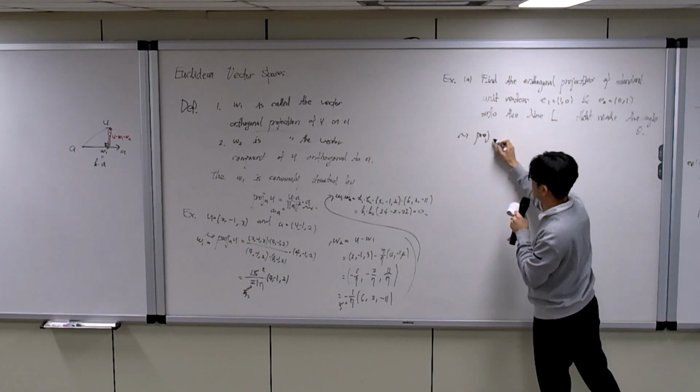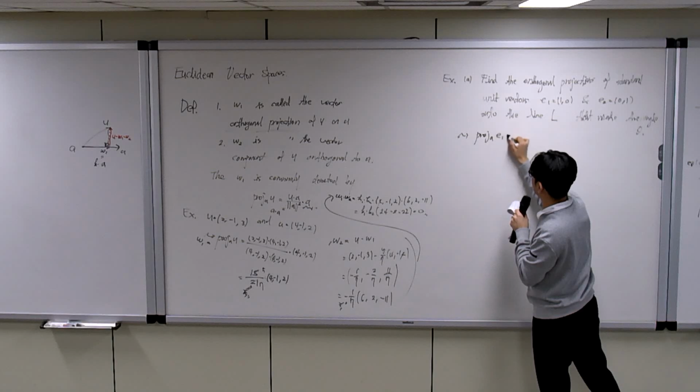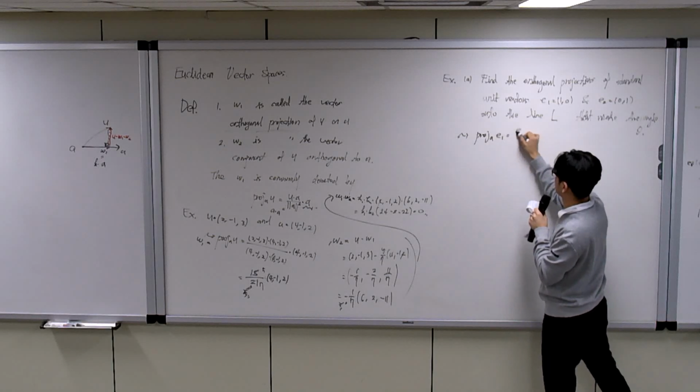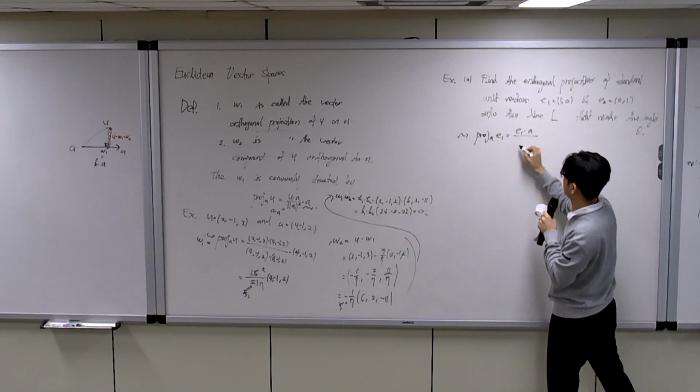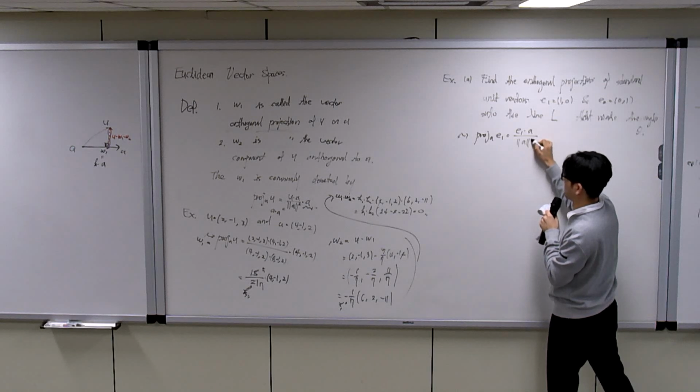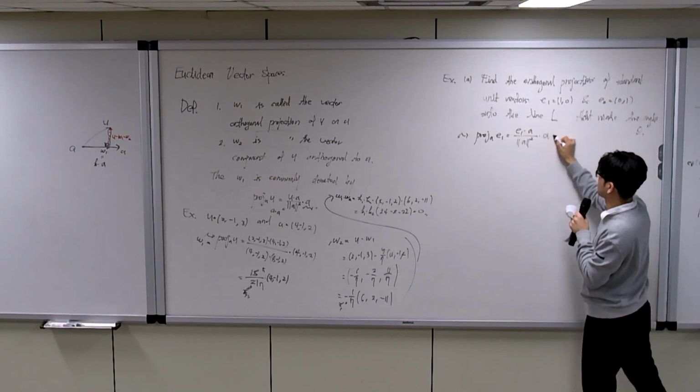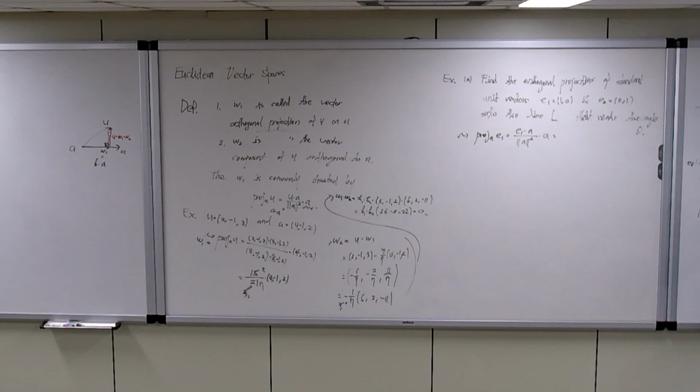So the projection of e1 on A is (e1 dot A) over the norm squared of A, times A. A is a unit vector, with norm 1, because cosine squared theta plus sine squared theta is 1.